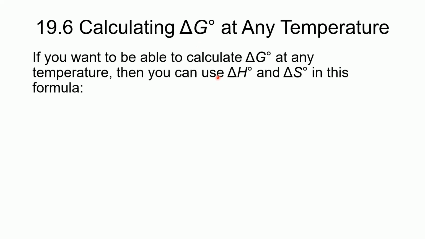If you want to calculate delta G at any temperature, let's say you don't want to be restricted to 25 degrees Celsius, and I can hardly blame you. I mean, 25 degrees Celsius is a pleasant day, but it also means there's a limit to what kinds of reactions we can do. So if you want to calculate delta G at any temperature, then you can use our delta H of the reaction and the delta S of our reaction in this formula.